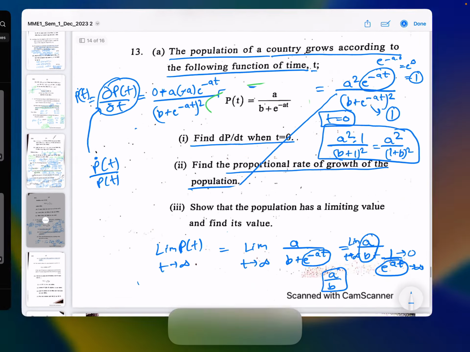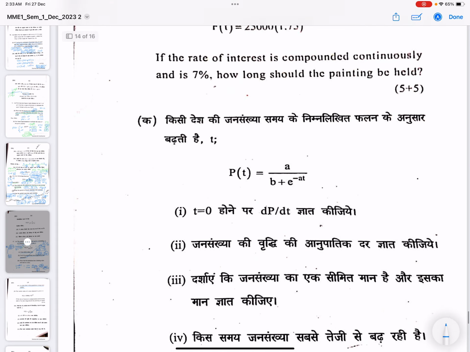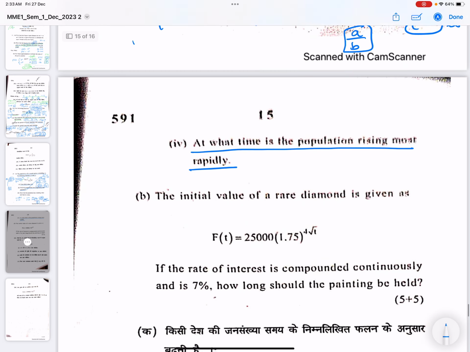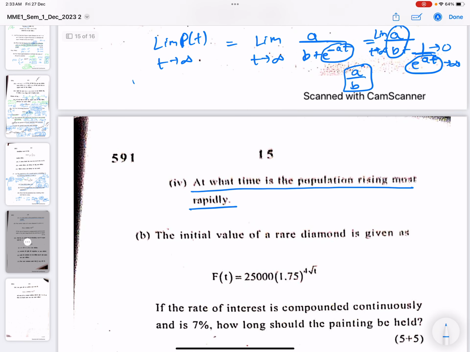Okay, at what point is the population rising most rapidly? So we know ∂P/∂t gives you the rate of change of population.